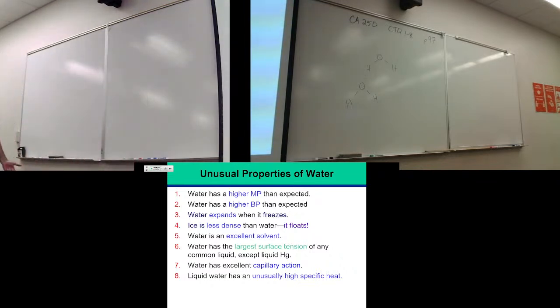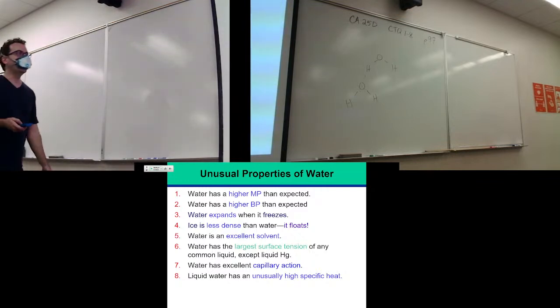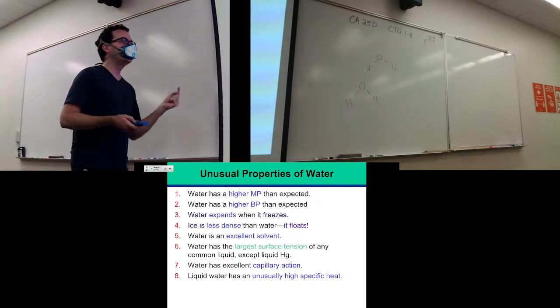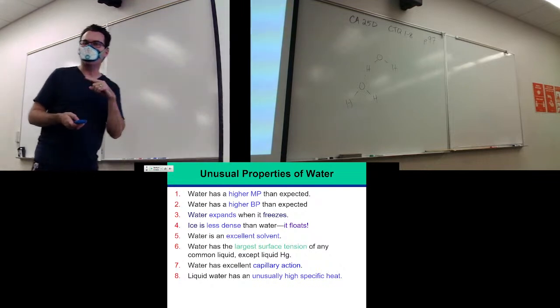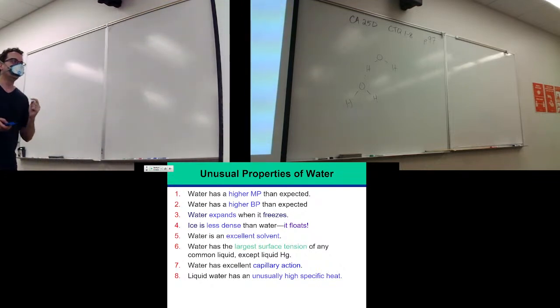Water is an excellent solvent. I think we'll see a slide later that talks about this, but it doesn't dissolve everything, but it dissolves more things than any other solvent. All right, water is a really good solvent. It has the largest surface tension of any liquid, except for mercury, because mercury is a metal.